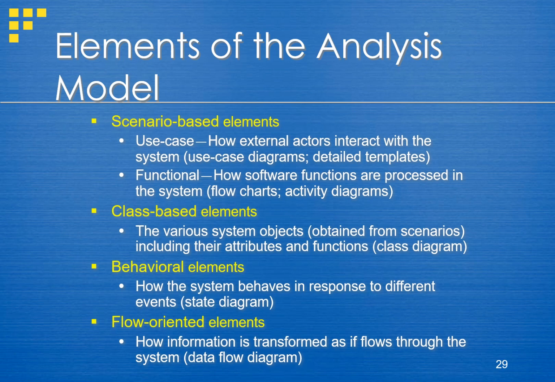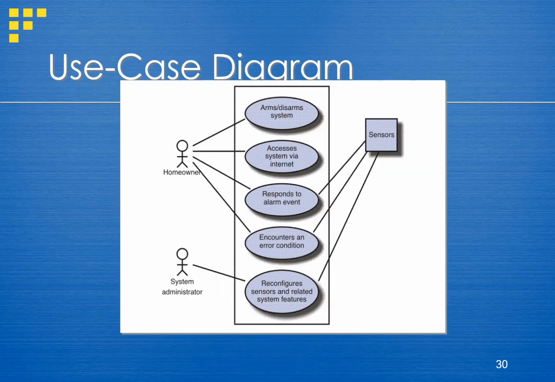For class based elements, class diagrams, object diagrams or package diagrams will be there. For behavioral elements, state chart diagrams or state machine diagrams will be there, and flow oriented elements means data flow diagrams will be there. Each and every section of elements and diagrams we are going to study in detail. In other presentations we will see how to represent it.